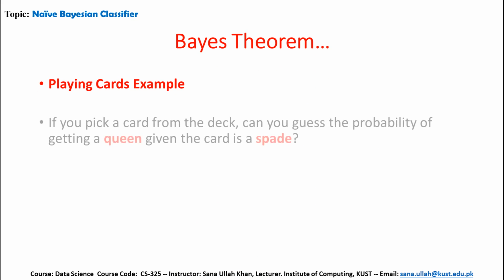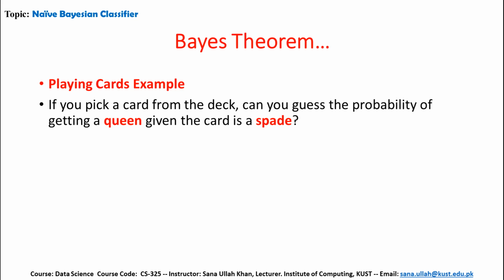Playing card example. Let's suppose you pick a card from the deck. The deck contains 52 cards. Can you guess the probability that the card you have picked will be a queen, given that the card is a spade? So spade has already occurred, and after that we check the probability of queen.